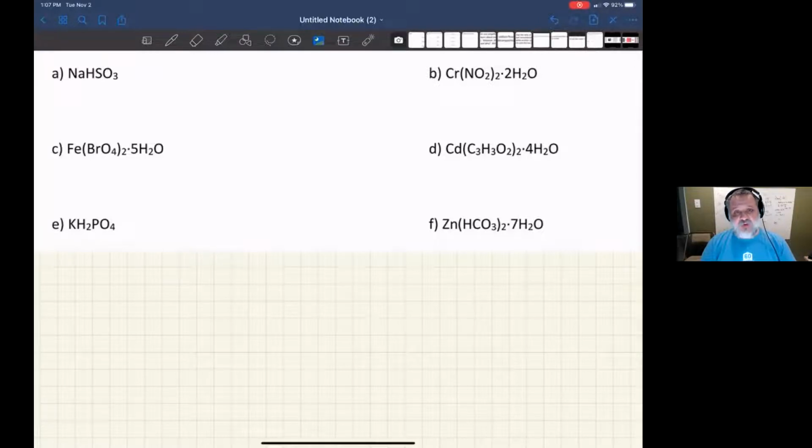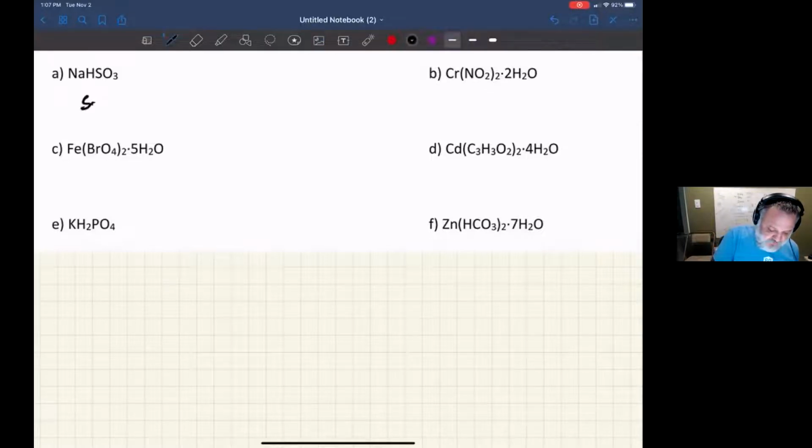one ionic compound. So remember, an acid anion just gets the word hydrogen attached to the front of it, and depending on how many there are, so for instance, in the very first one, we've got a sodium ion and we've got hydrogen sulfite. And so in order to put together that name, I would use the rest of the ionic compound naming rules.